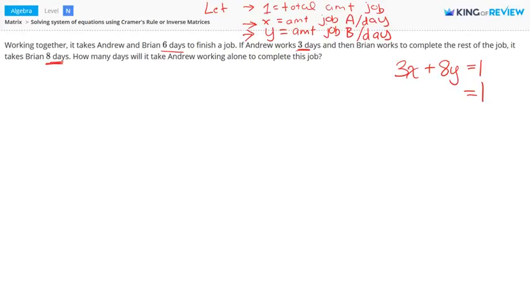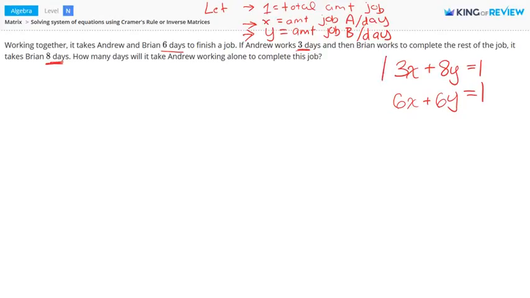So this would be 6 days times the amount of the job that Andrew can do per day, that is represented with an x, plus 6 days times the amount of the job that Brian can do per day, and that's y. So 6x plus 6y equals 1. That equation represents them working together for 6 days to complete the job.